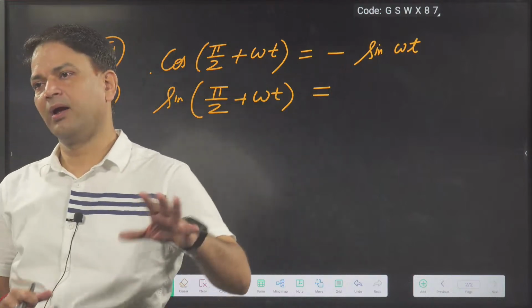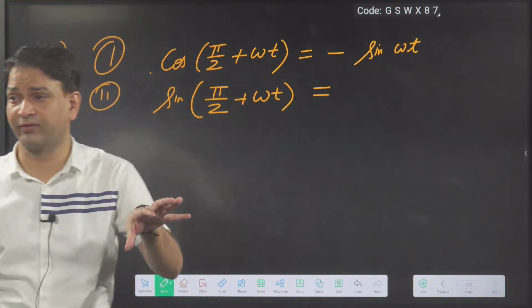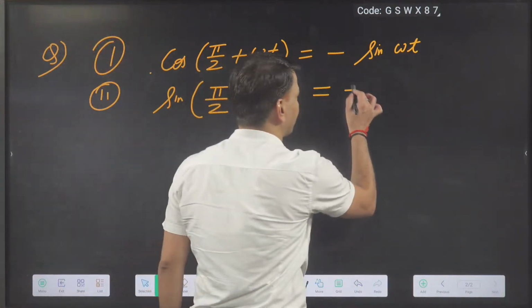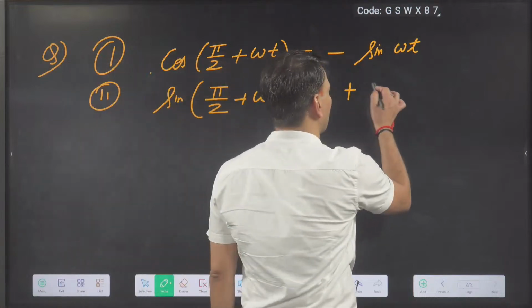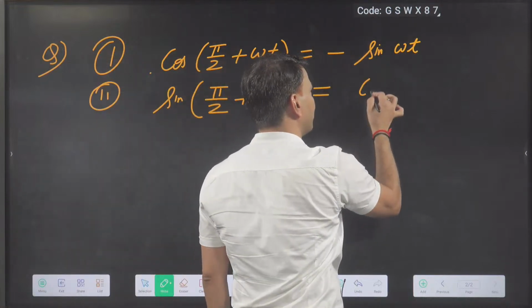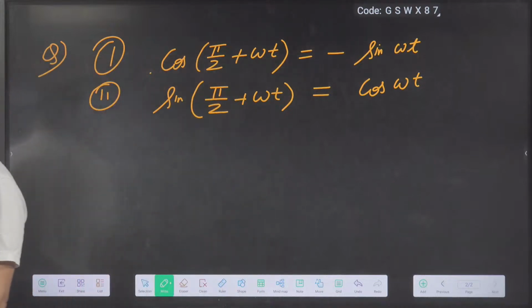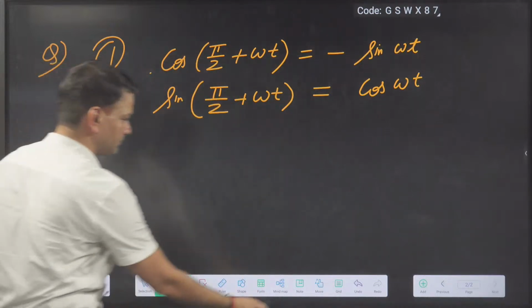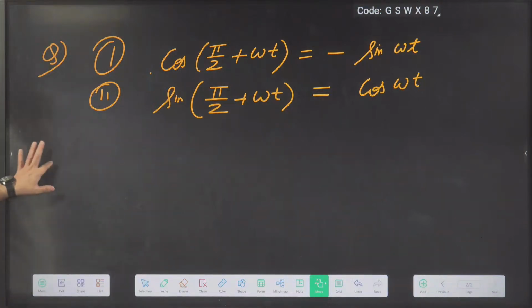Here pi by 2 plus means second quadrant, and sine is positive there, so the sign will be positive. Now I am using 90, so sine converts into cos. Then we get cos omega t. Everybody got it? Okay.